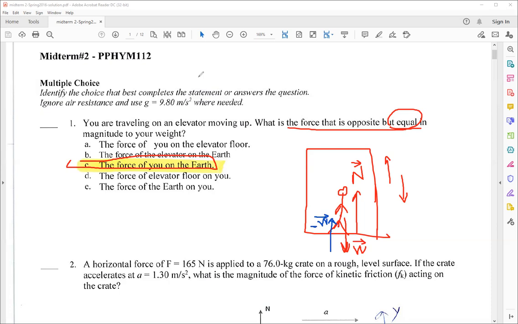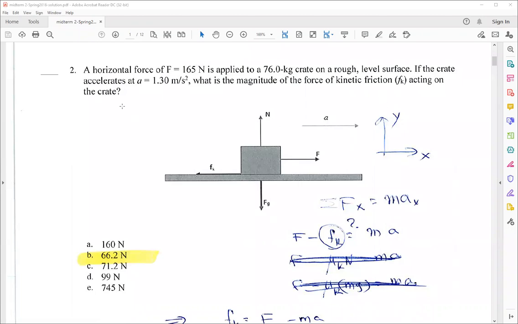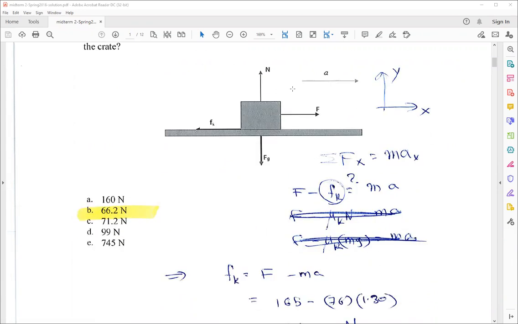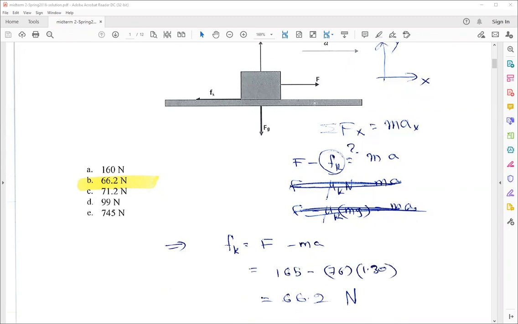Now, question number two. We had a very similar question in midterm 2017. The numbers are slightly different, but the idea is the same. So we're looking for the net force along x equal to mass times acceleration, and we want you to find the magnitude of kinetic friction acting on the crate.